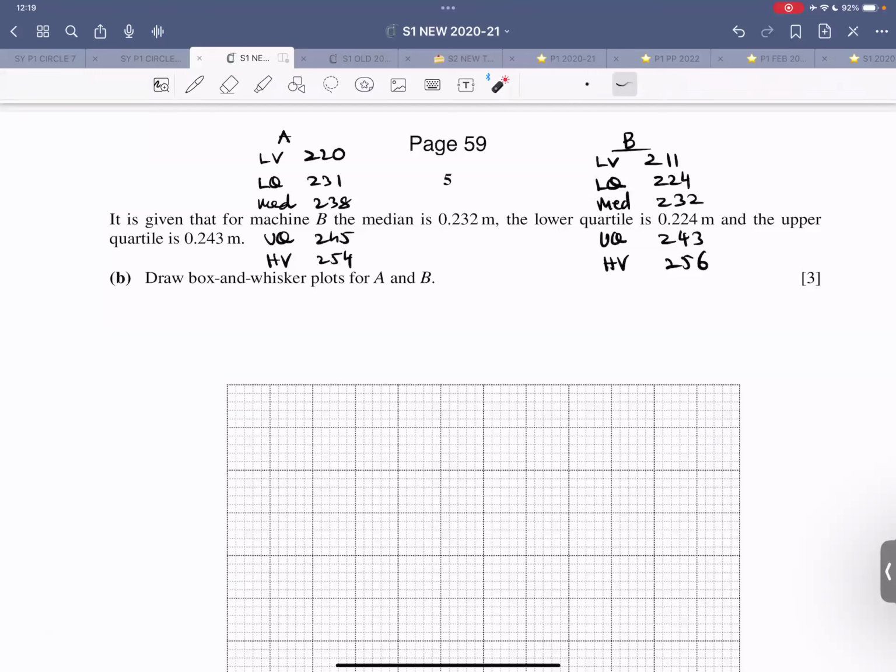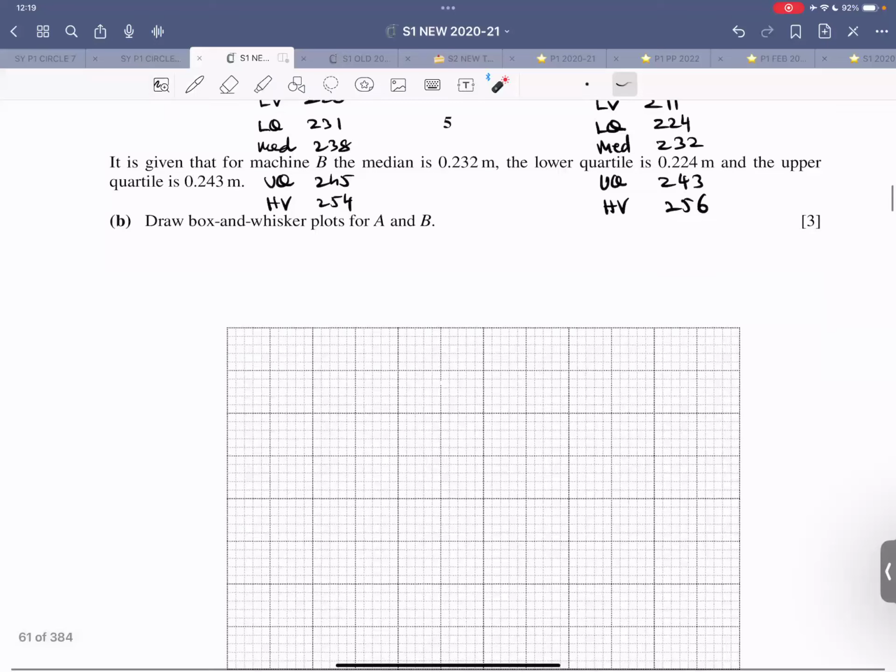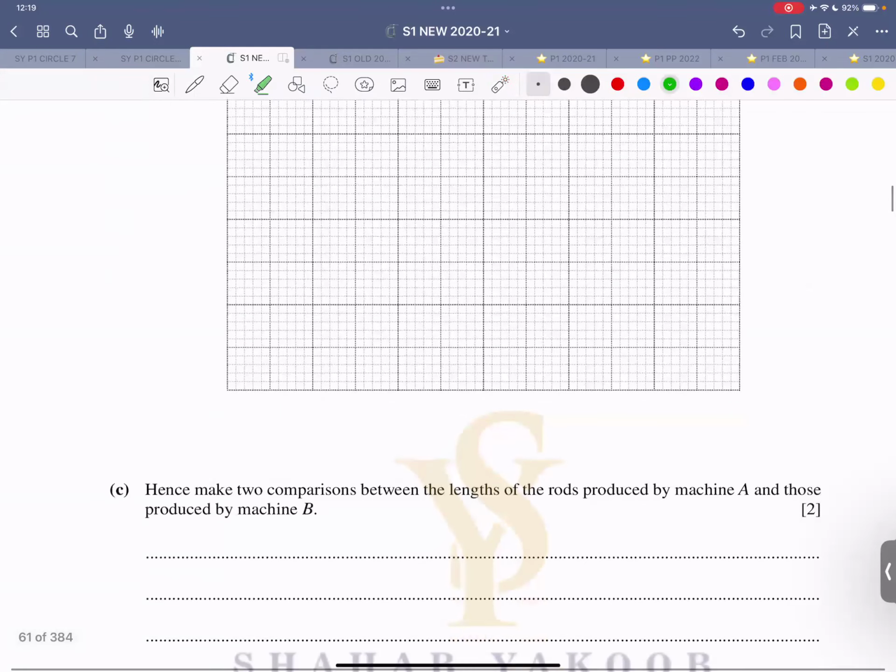So now look at the lowest value, that is 220, actually 211. No, 211 is the lowest. And then the highest is 256. So basically 210, 220, something like this. Let me just draw the line over here.